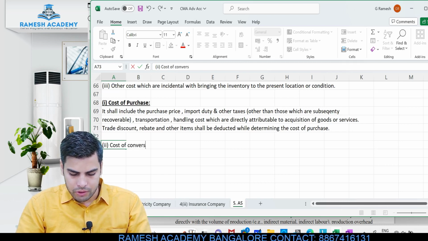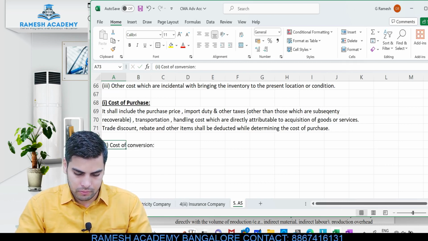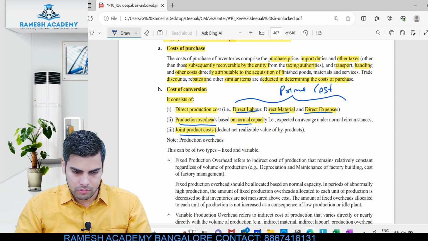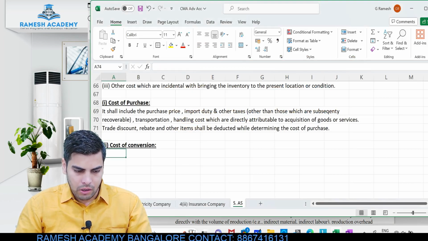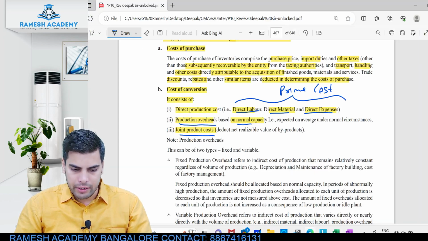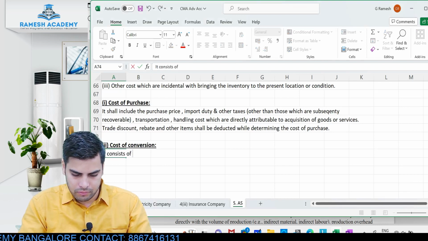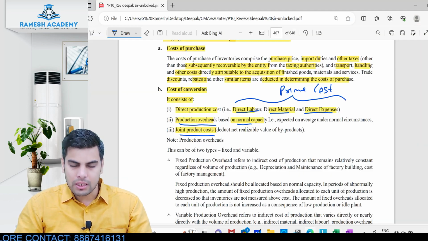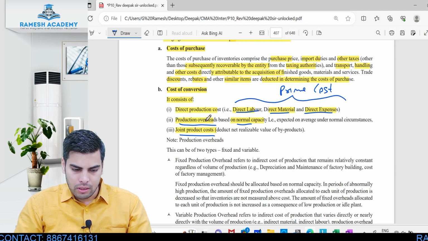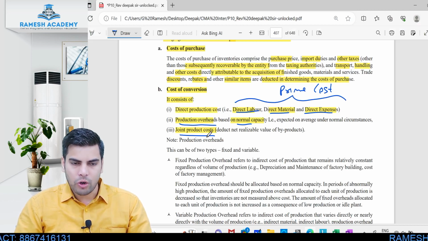Cost of conversion. So this will mainly include, or it consists of, the first thing: direct production cost, then production overhead and then joint product cost.